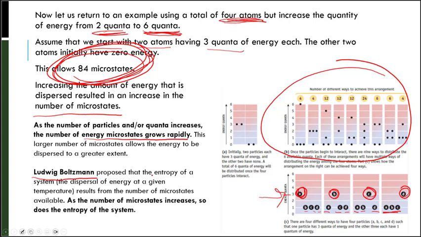Now, Ludwig Boltzmann proposed that the entropy of a system, the dispersal of energy at any given temperature, results from the number of microstates available. As the number of microstates increases, so does the entropy of the system.